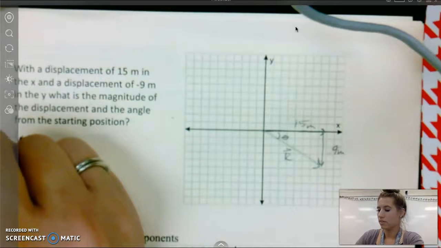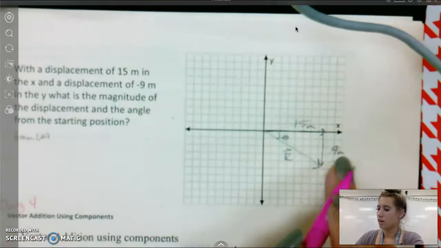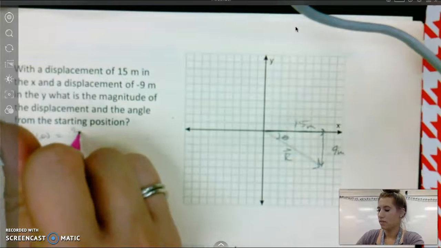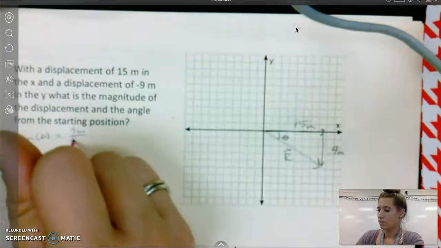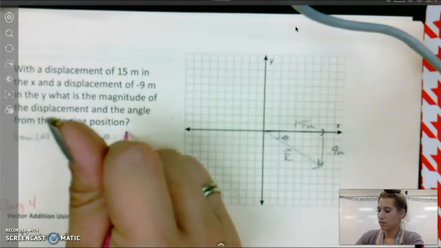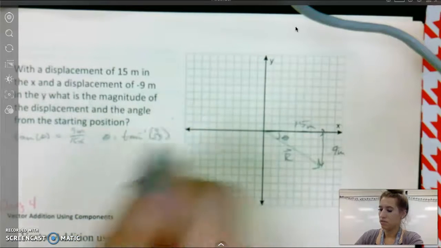Tangent theta is opposite over adjacent, so that'll be 9 meters over 15 meters. So theta is going to equal tan inverse of 9 over 15.